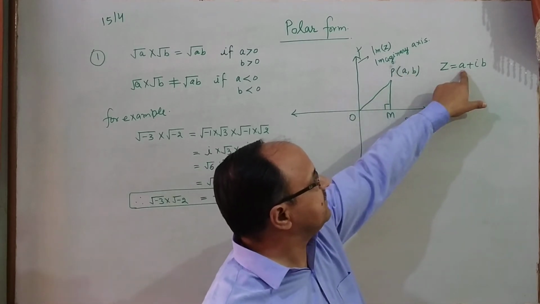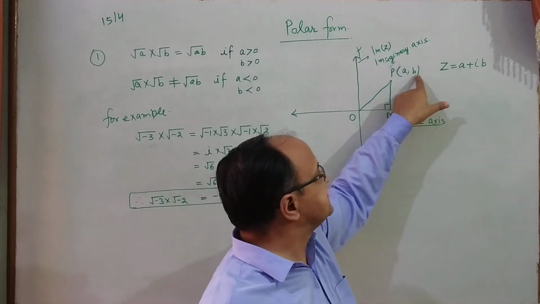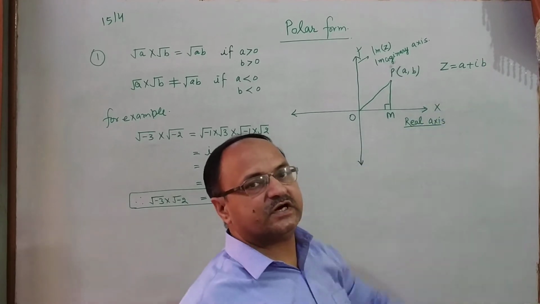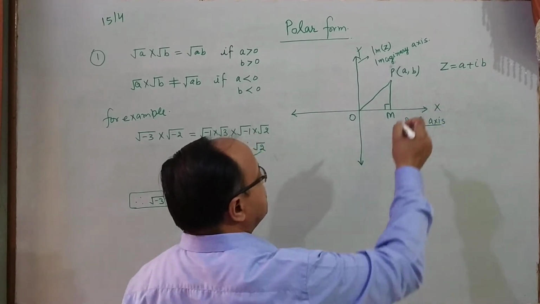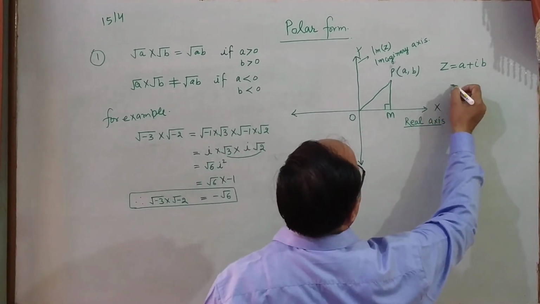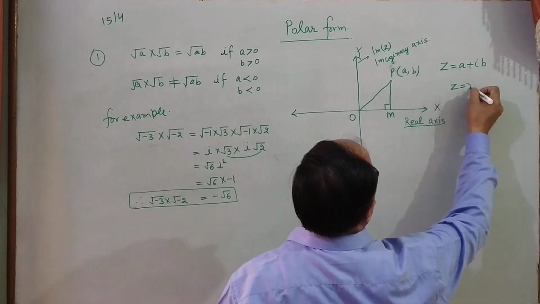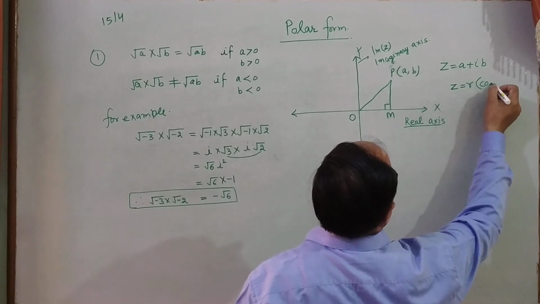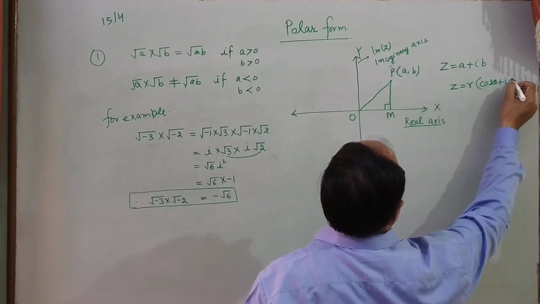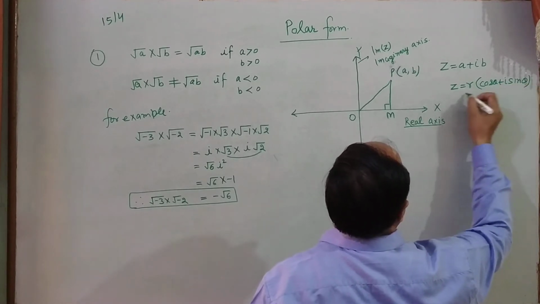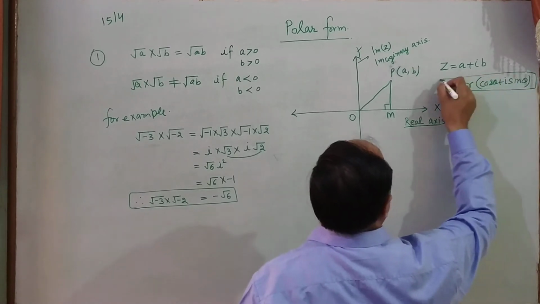A is the real part and b is the imaginary part, and we want to convert this into polar form. Polar form, you know, is z is equal to r cos theta plus iota sin theta.